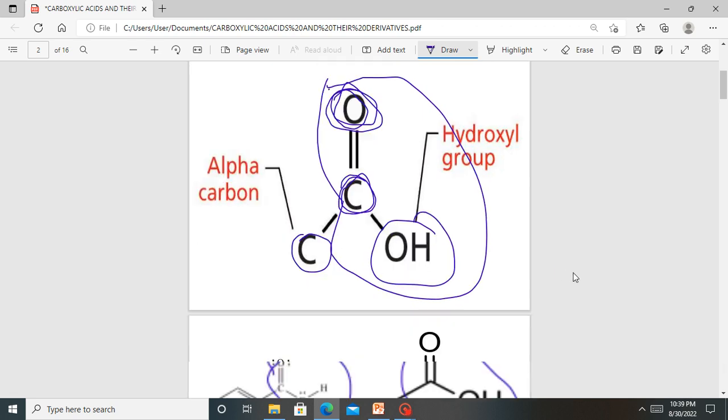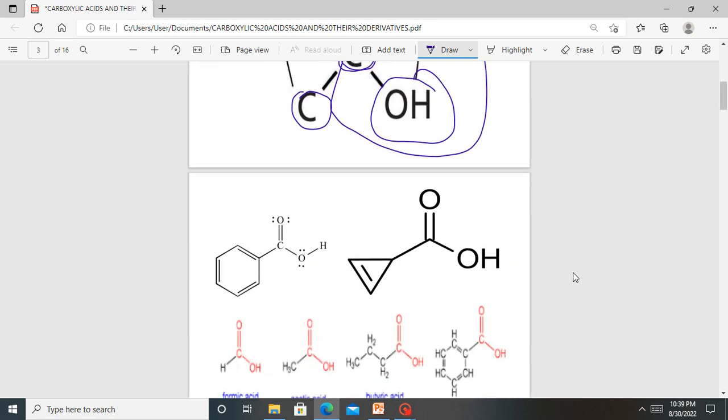Let's continue with some examples. So this is an example of a carboxylic acid. It has the carboxylate system bonded to a benzene ring. This also has a carboxylate system bonded to a cyclopropane ring.